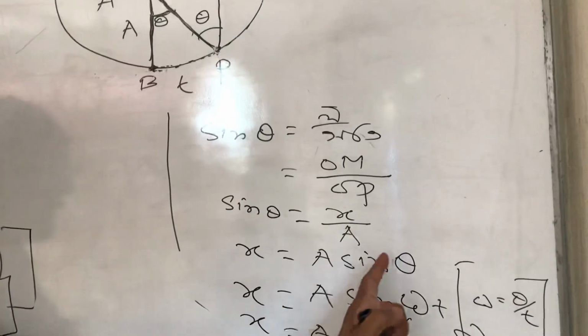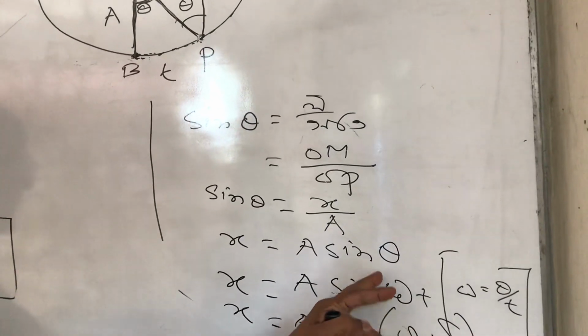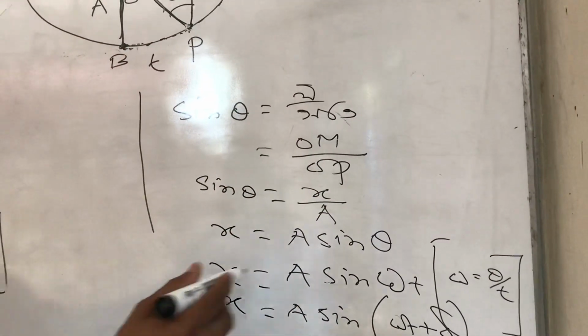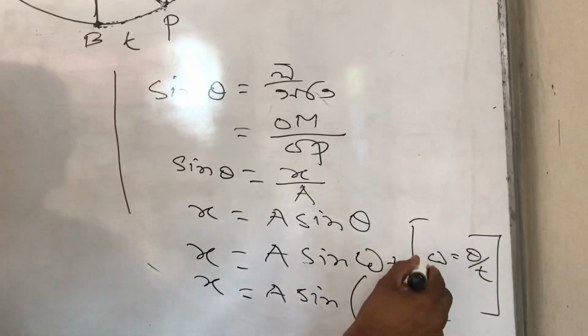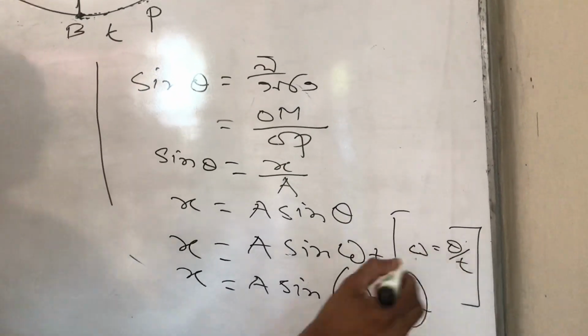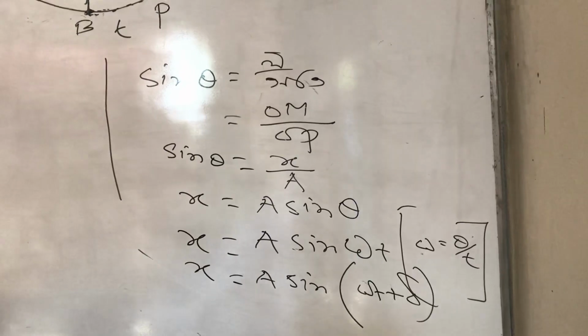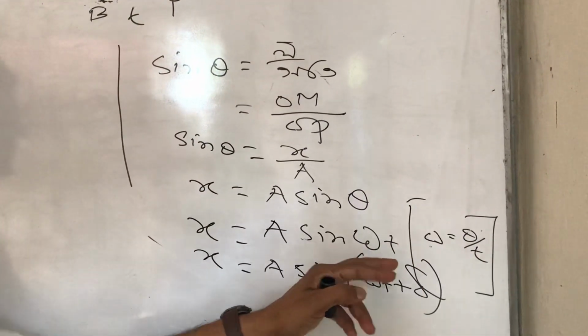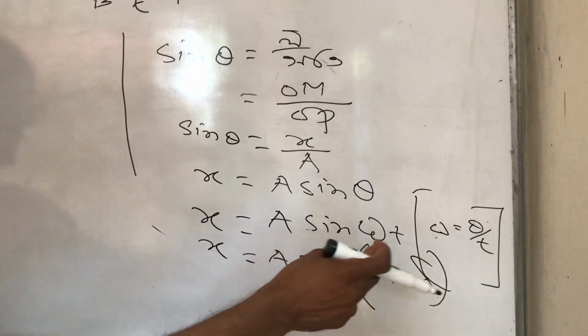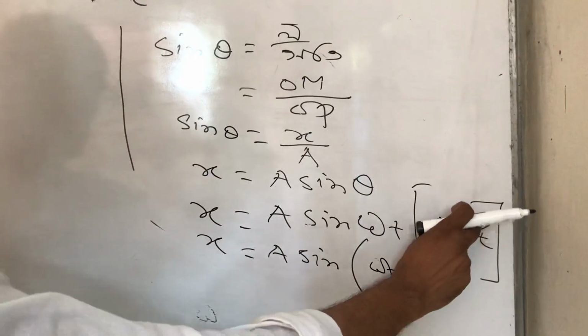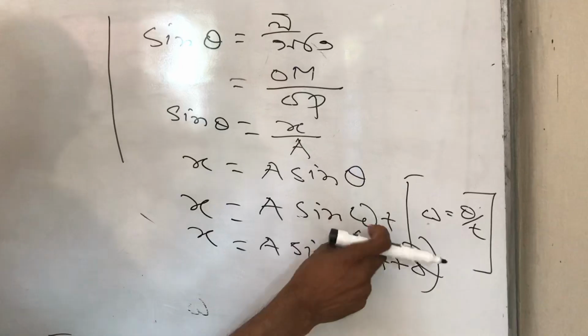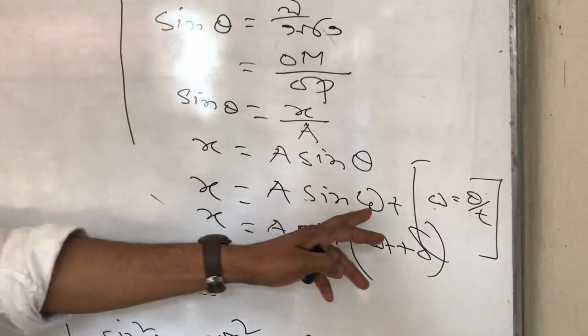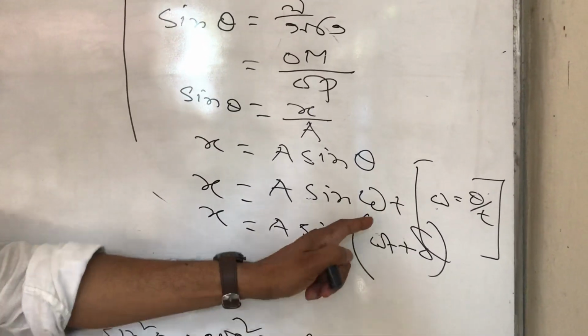According to the definition, omega equals theta by t, where omega is nothing but the angular velocity. So theta equals omega t.